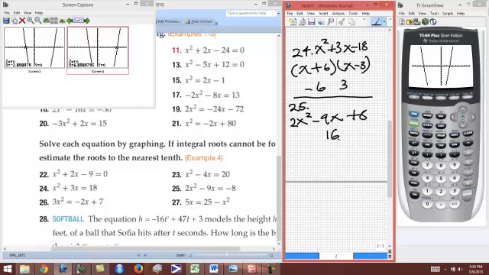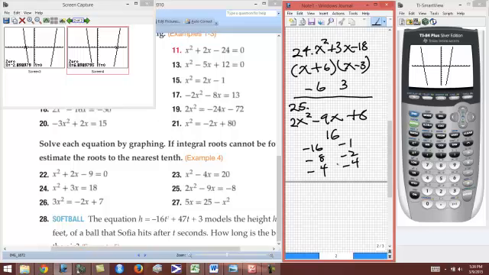Obviously we're going to have two negative factors. So we've got negative 16 and negative 1. Obviously that's not going to work. Negative 8 and negative 2, that's not going to work. And negative 4 and negative 4, that's not going to work either. So sorry, Charlie, we're not going to make it, so it doesn't factor.